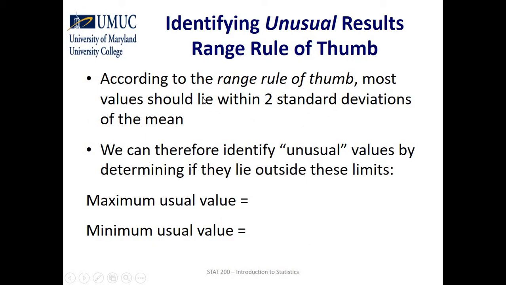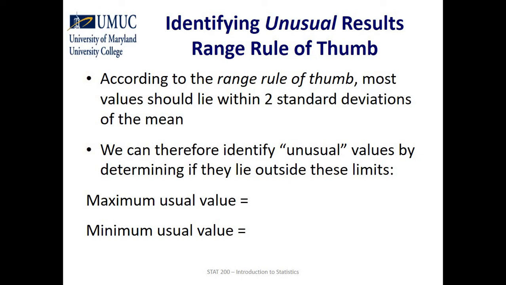Now, remember the range rule of thumb, which says that most values lie within 2 standard deviations of the mean. We should be able to identify the unusual values by determining if they lie outside the limits.